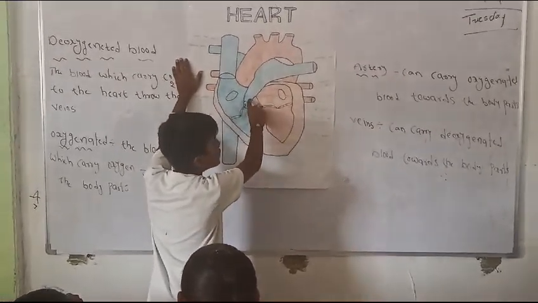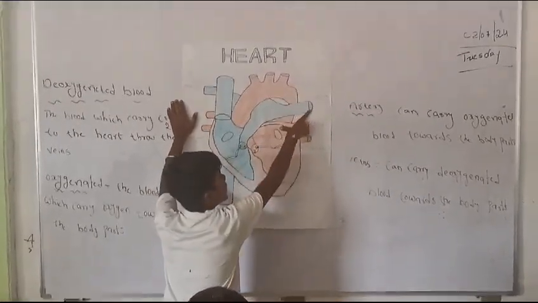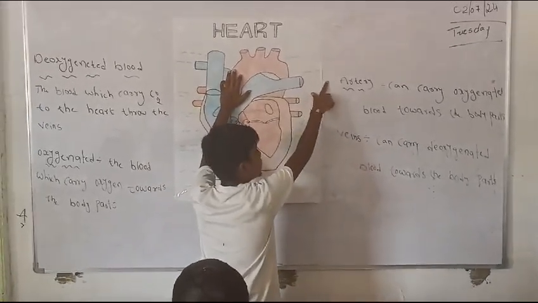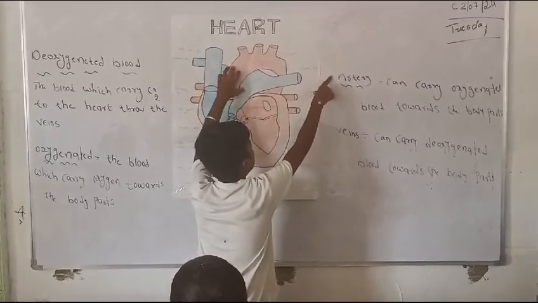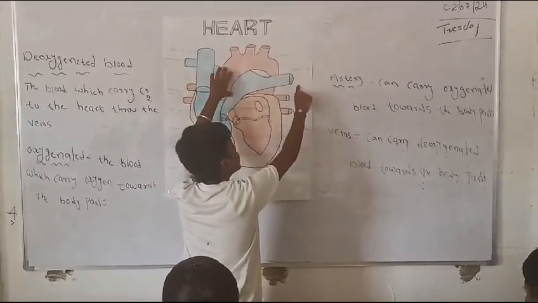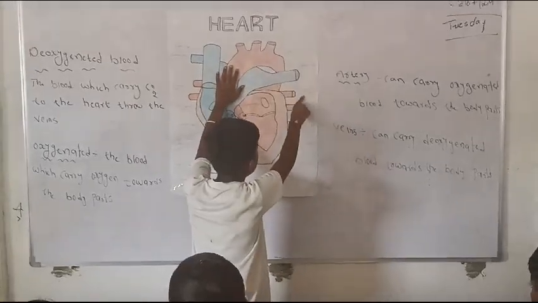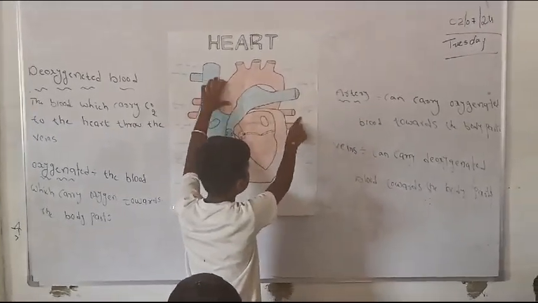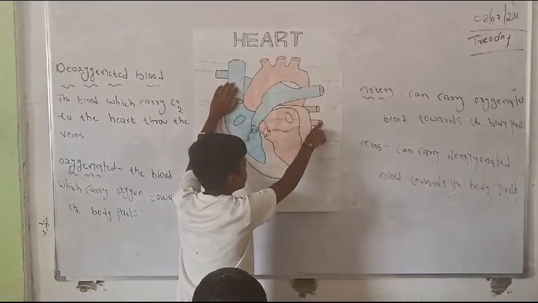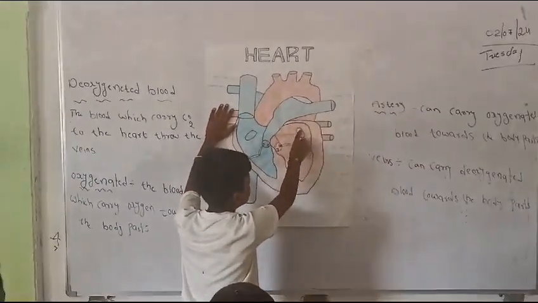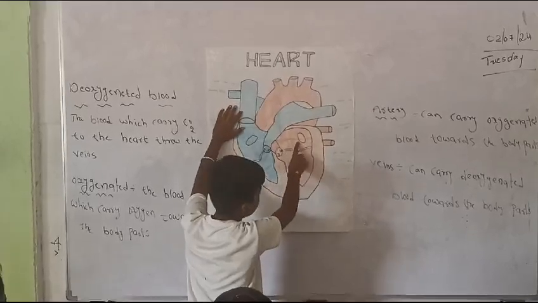After that it goes to the pulmonary artery. After that it reaches the lungs. The lungs diffuse the deoxygenated blood and give oxygenated blood. The oxygenated blood enters into the pulmonary veins. With the help of the pulmonary veins, the oxygenated blood comes into the left auricle.